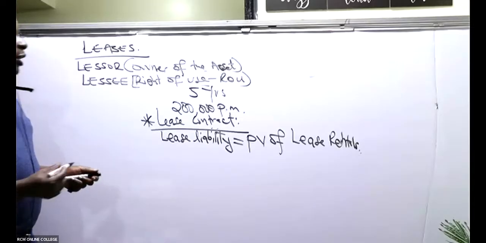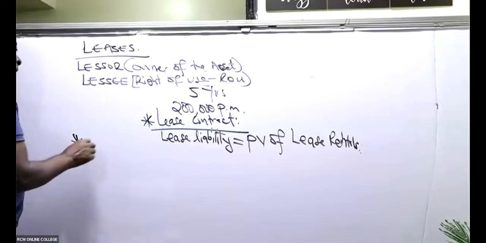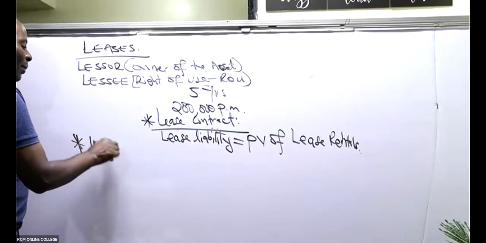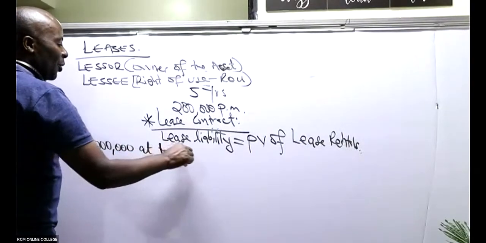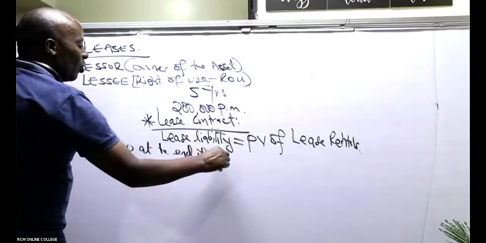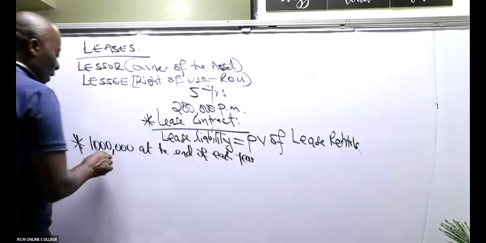So assuming we have entered into a contract where somebody wants us to be paying 1 million shillings at the end of each year for 5 years.